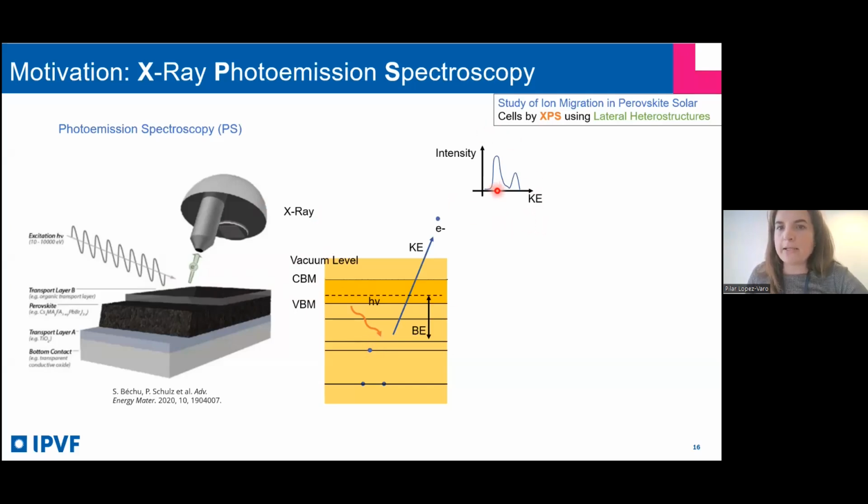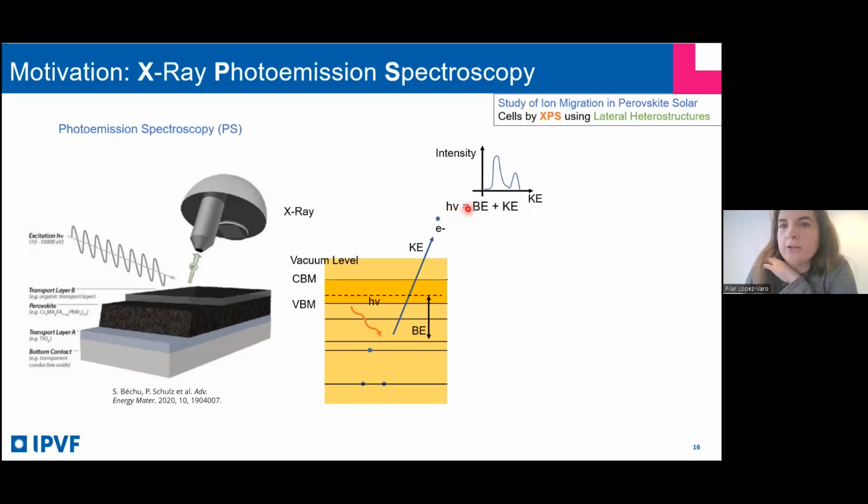So we will see, okay, here we have a peak. This came from one of the levels, and we get the kinetic energy. We know the excitation energy, so we are able to evaluate the binding energy, because we need conservation of energy.